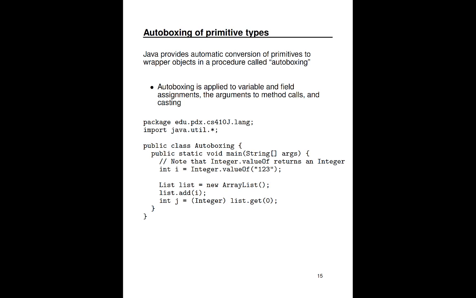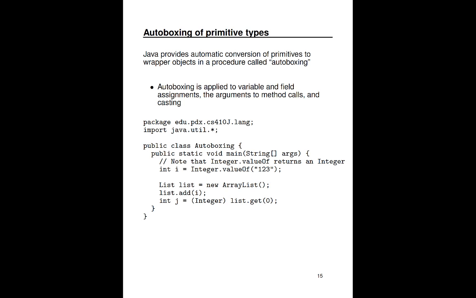So basically, any place you have an assignment, including the equals operator, invoking a method, casting, all that kind of stuff, is some form of assignment, and it all happens automatically. So here's an example of how auto-boxing works. If you call the static valueOf method of the Integer class, that'll return a capital I Integer, but you can assign it to a little i int, and the compiler does the right thing.